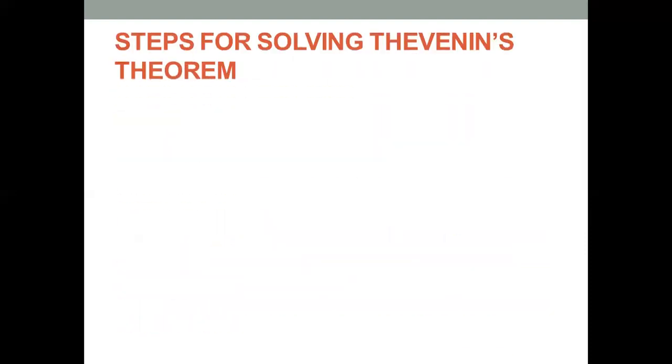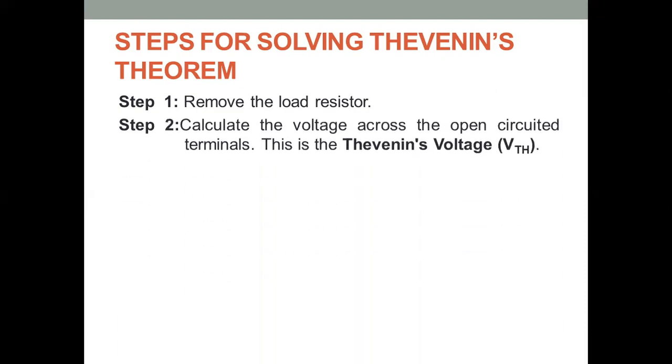Coming to the steps for solving Thevenin's theorem, our first step is to remove the load resistor. So from the given circuit, we remove the load resistor. Our second step is to calculate the voltage across the open circuited terminals.